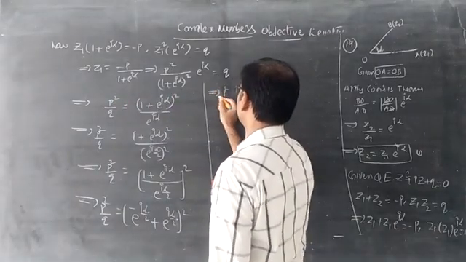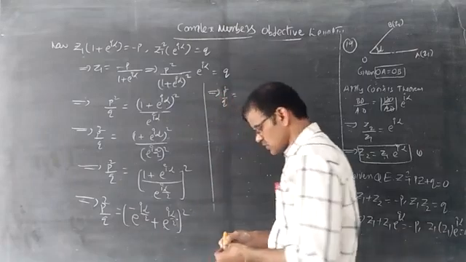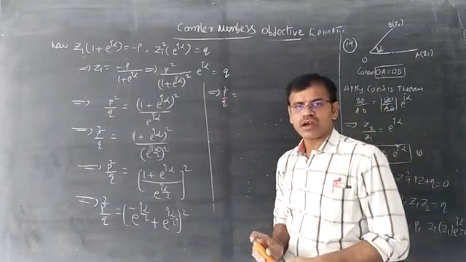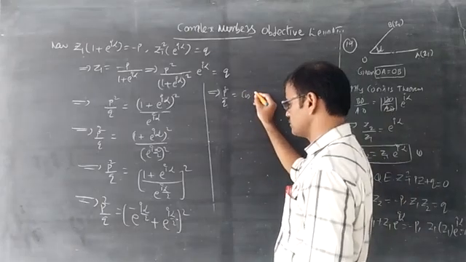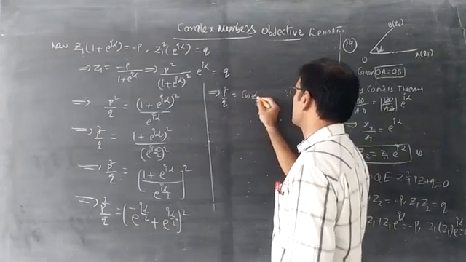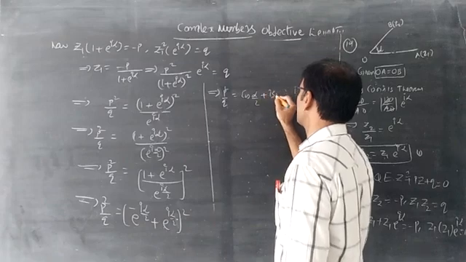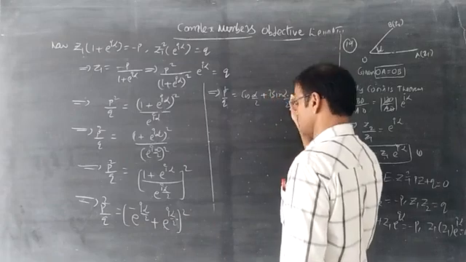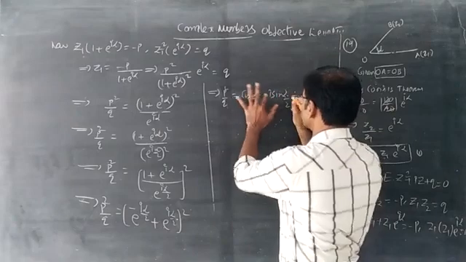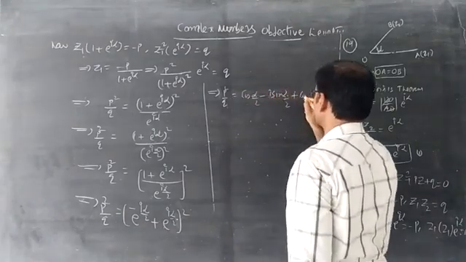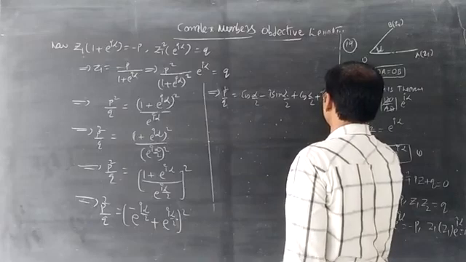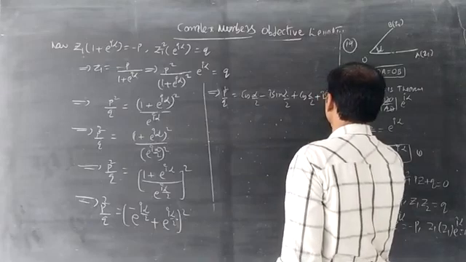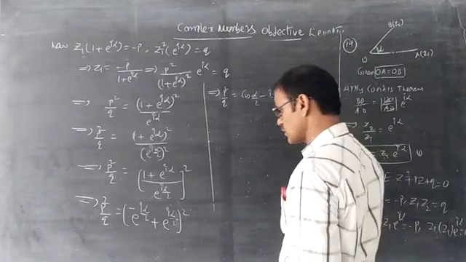P square by Q is equal to, students, we know that e power I theta, according to De Moivre's theorem, Euler's formula, is cos theta plus I sin theta. So this is cos alpha by 2 minus I sin alpha by 2, plus cos alpha by 2 plus I sin alpha by 2, total whole square.